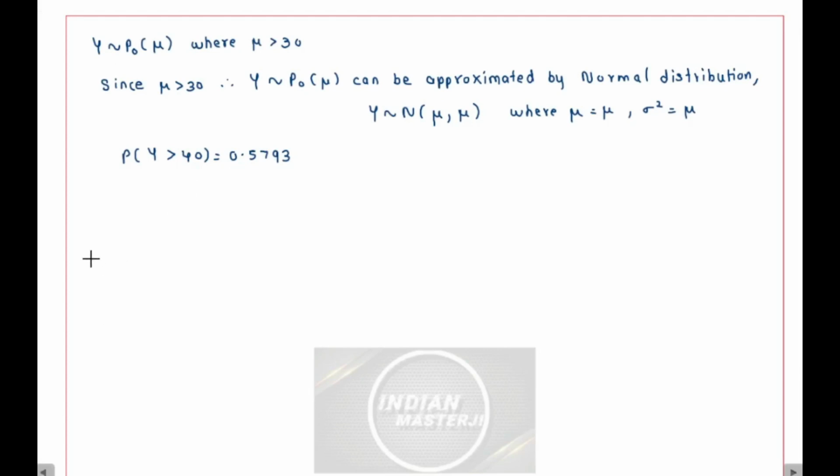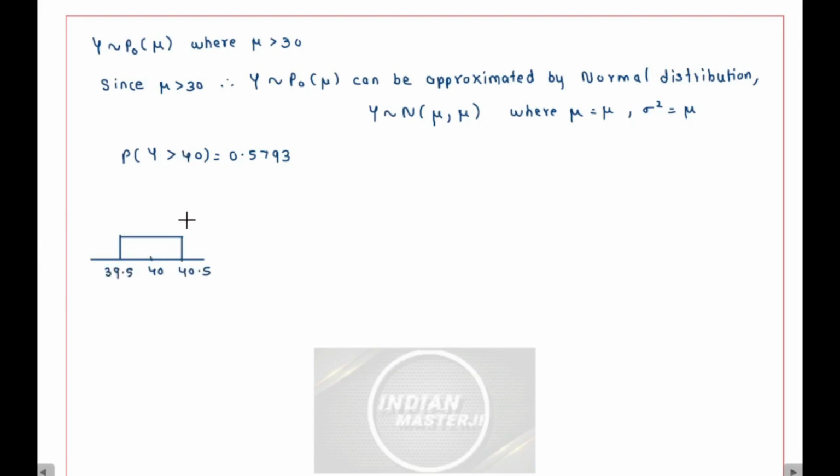So let's work out the continuity correction here. This is when Y is equal to 40. When we are applying it, we will think about adding 0.5 or subtracting 0.5 depending upon the scenario.